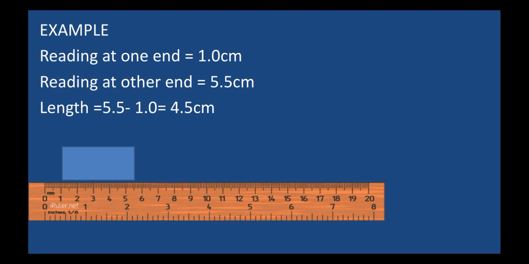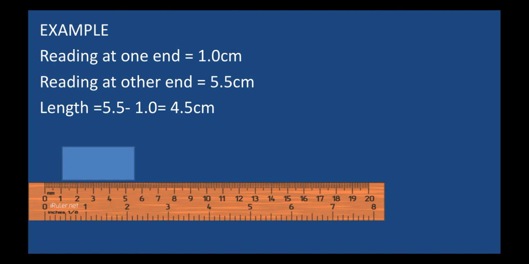If the zero is not working, let me see 1. The marking on the 1 is pretty clear and good, so I can use it. I start measuring from 1. The reading at one end is 1 centimeter.